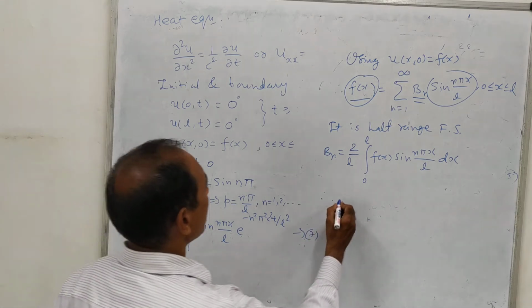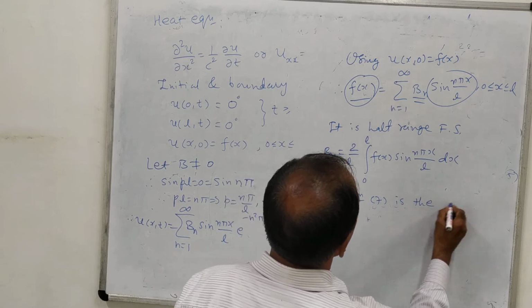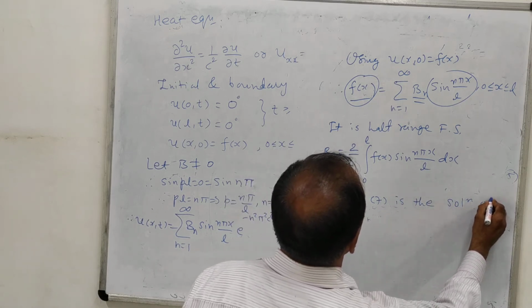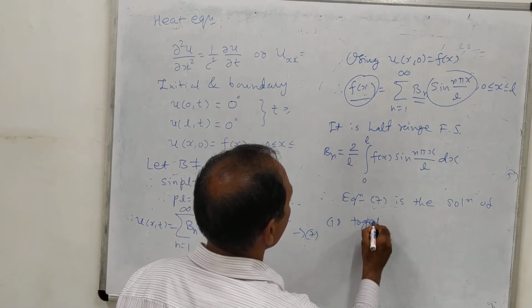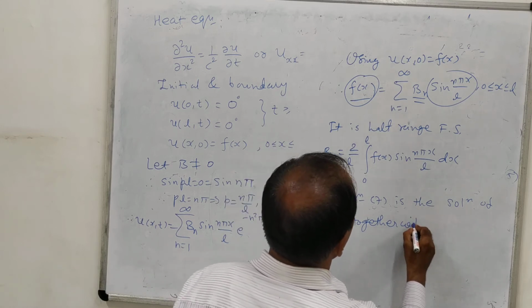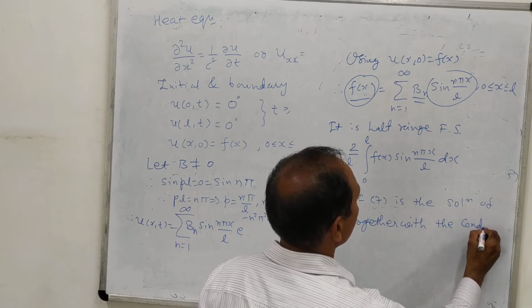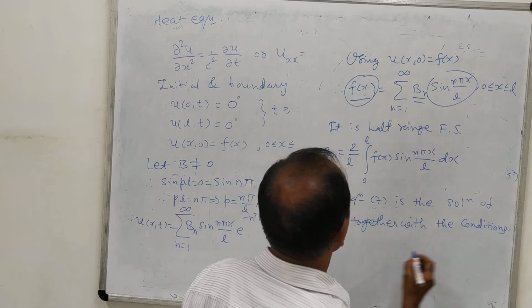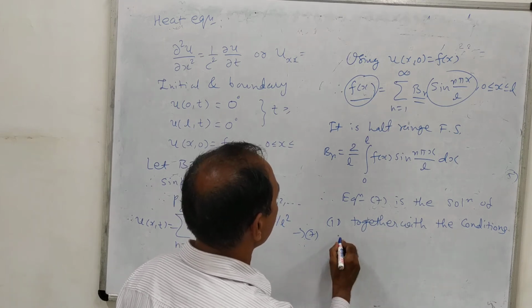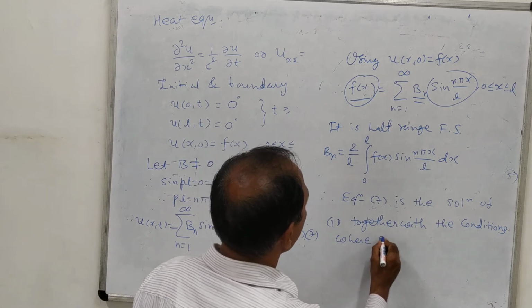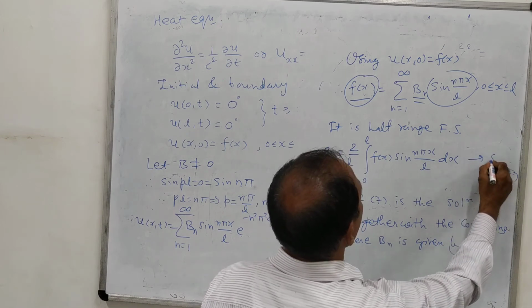Instead you can write: therefore equation 7 is the solution of equation 1 together with the conditions, where bn is given by equation number 8.